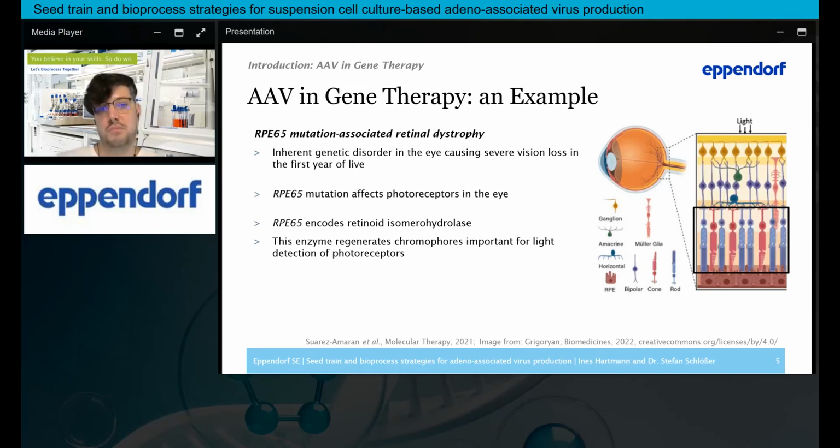And this enzyme regenerates chromophores that are important for light detection in photoreceptor cells. And if there's a biallelic loss of the RPE65 function, this can lead to impaired photoreceptor sensitivity and will ultimately lead to photoreceptor degeneration and loss of eyesight.